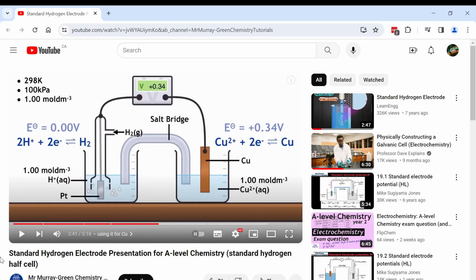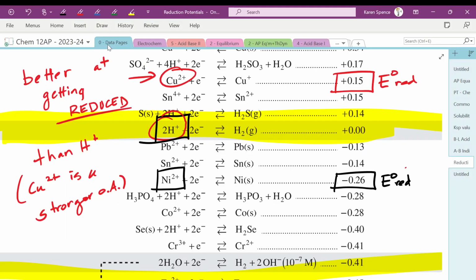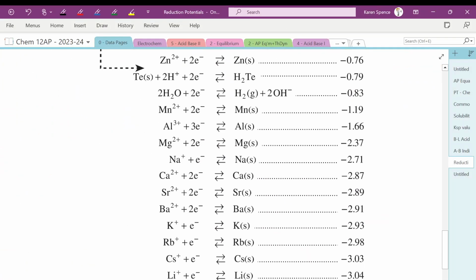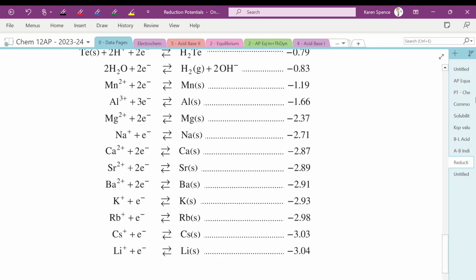So if we just pause for a second here and go to our table. Where's our table? There it is. One of the reasons that we use potassium, K+, in the salt bridge, take a look at that potential for potassium ion to be reduced. How thermodynamically favorable or unfavorable is the reduction of potassium?